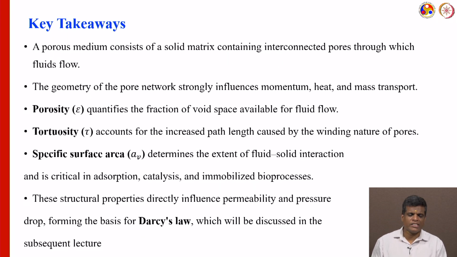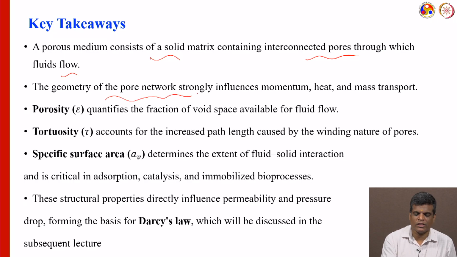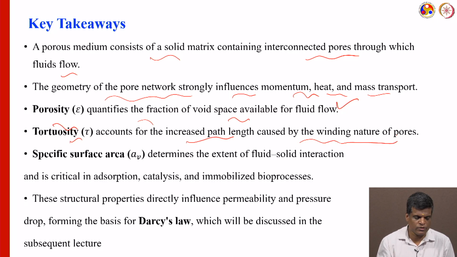What are the key takeaways here? A porous medium consists of a solid matrix containing interconnected pores through which fluids flow. The geometry of the pore network strongly influences momentum, heat, and mass transport. Porosity quantifies the fraction of void space available for fluid flow. Tortuosity accounts for the increased path length caused by the winding nature of the pores.